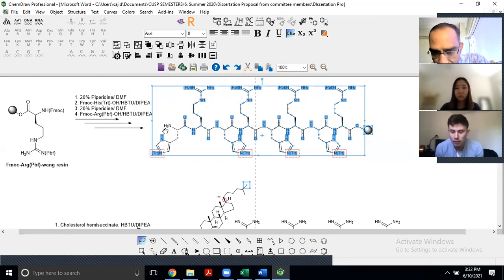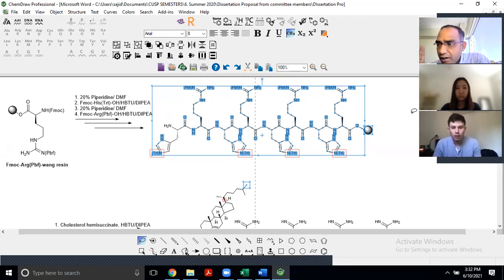This amino group will react with this carboxylic group and it will become cyclic. And after it becomes cyclic, we will then remove the protecting groups and we will get the cyclic peptide. You want to keep them protected before you do the cyclization reaction.